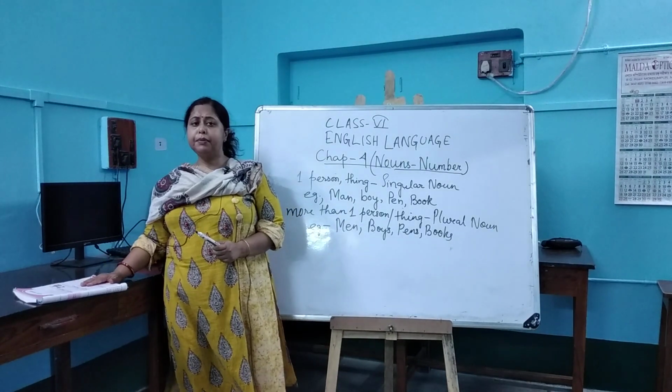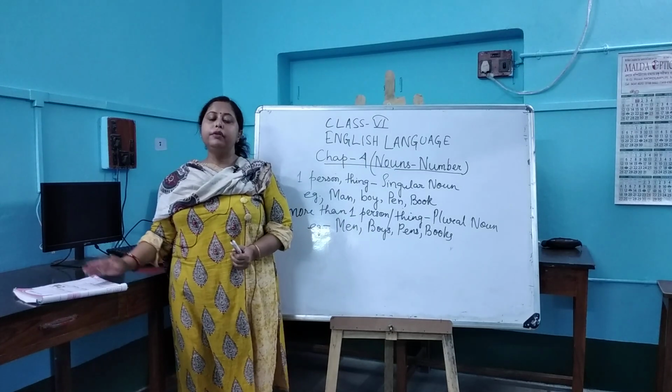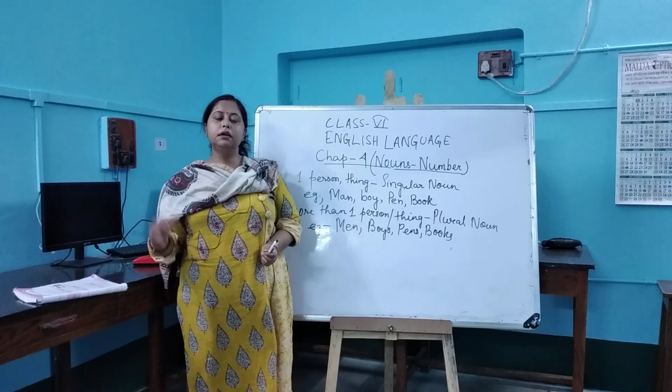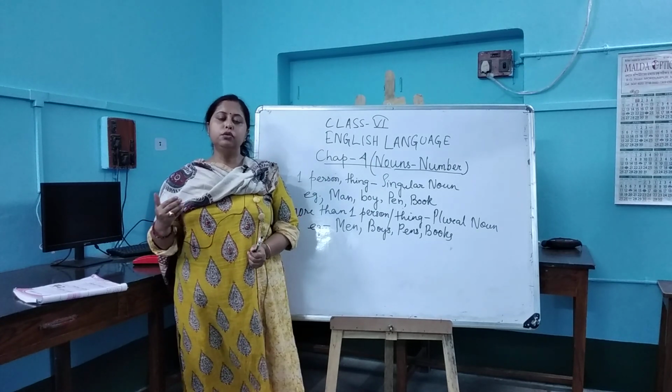Now here some examples are given in your book, how to make singular into plural. In the case of making singular into plural, we follow some rules. I will come to the rules one by one.